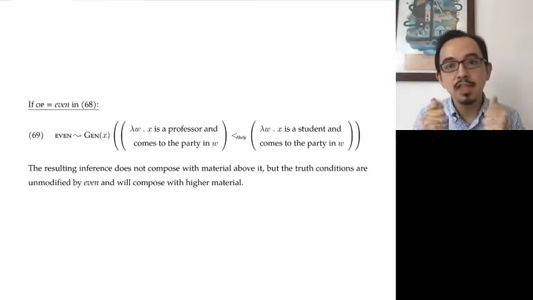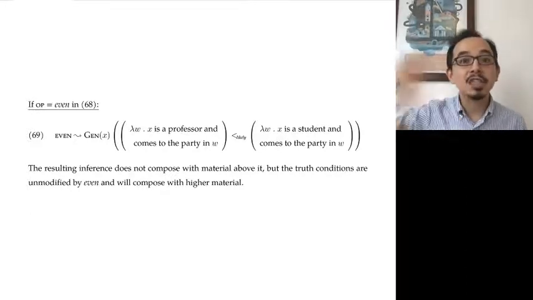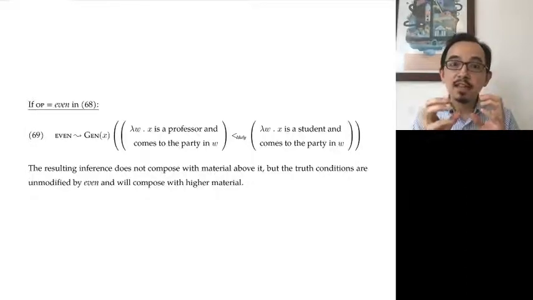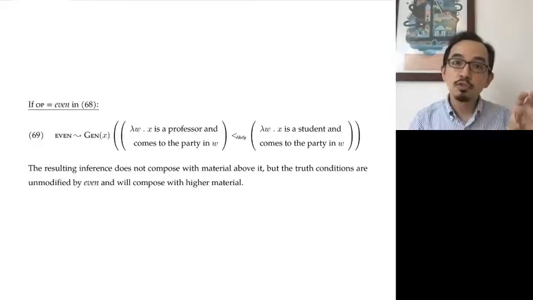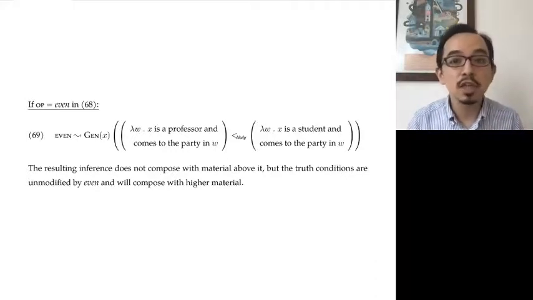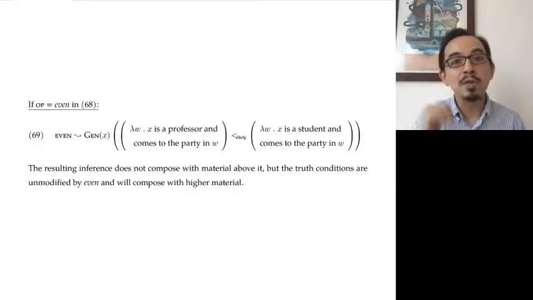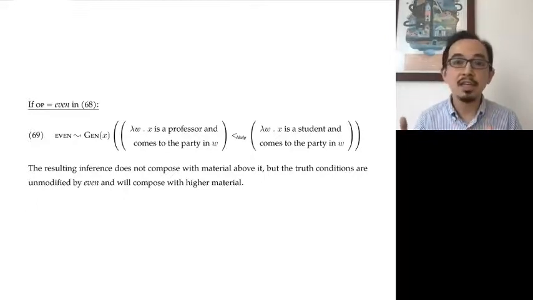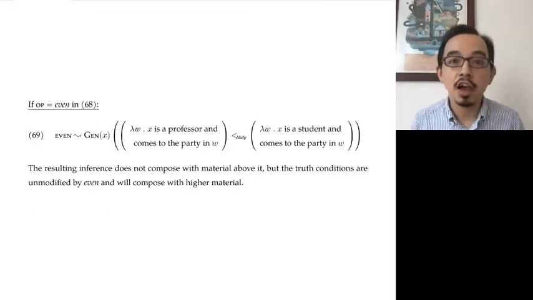Crucially, once even calculates this scalar presupposition, this scalar inference, and introduces it, now it's done. And even then takes the truth conditions, the actual at-issue content of its sister, and just passes it up. That includes an unbound variable, but that will be bound by the higher lambda abstractor and then be bound by the professor higher copy.